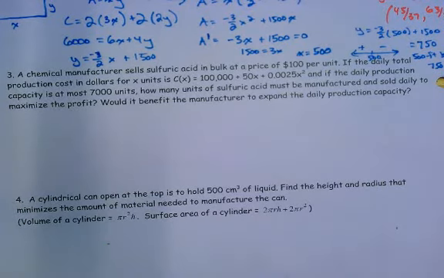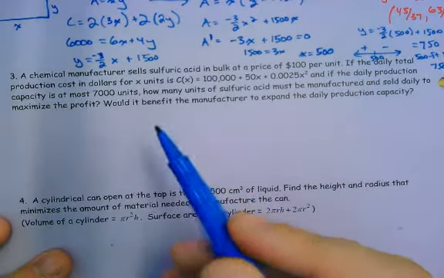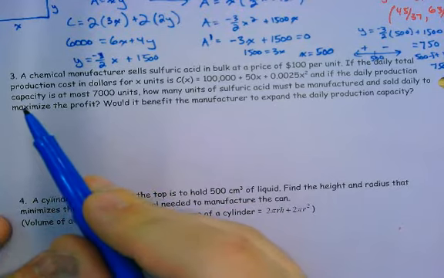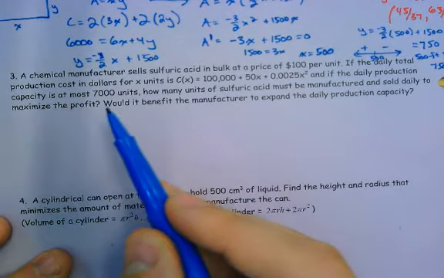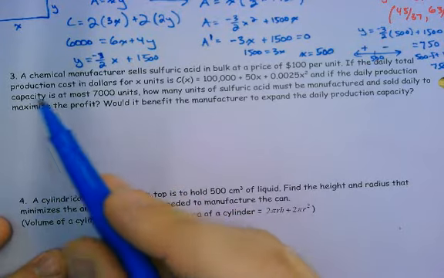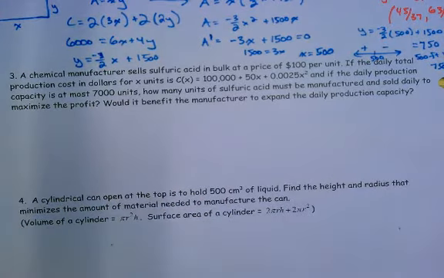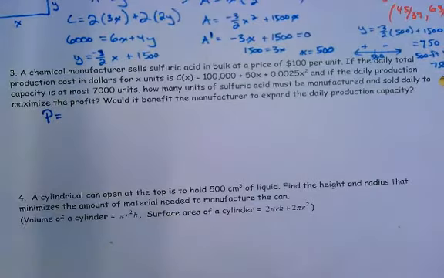So let's just think about, what are we trying to find the max or min of, by the way? Where do you see that verb that tells us if it's going to be a max or a min? And then what are we maxing or minning? Profit. How do you find profit?